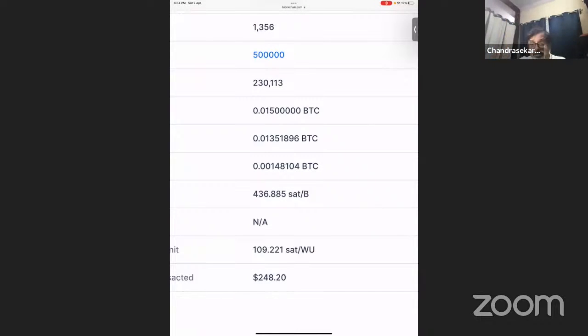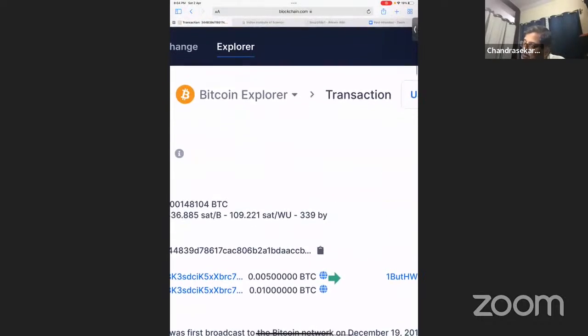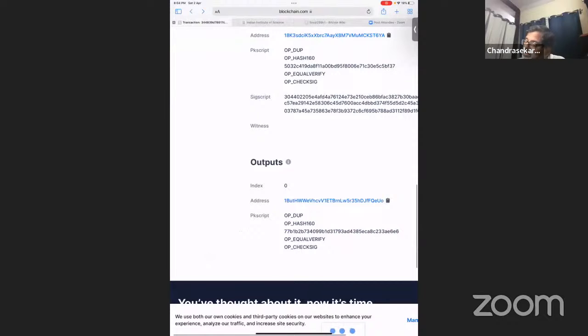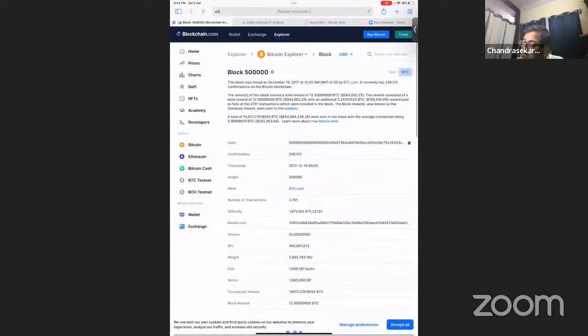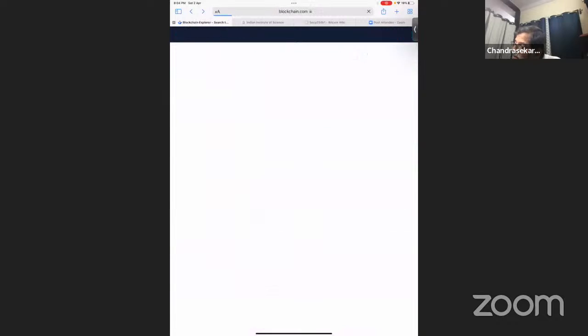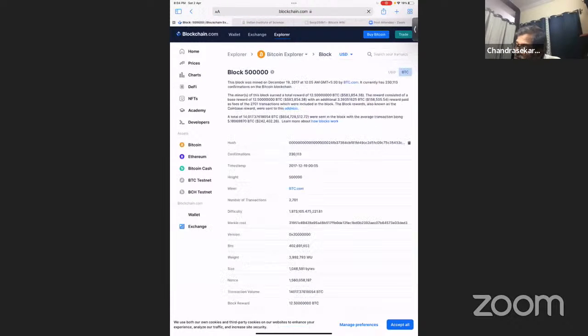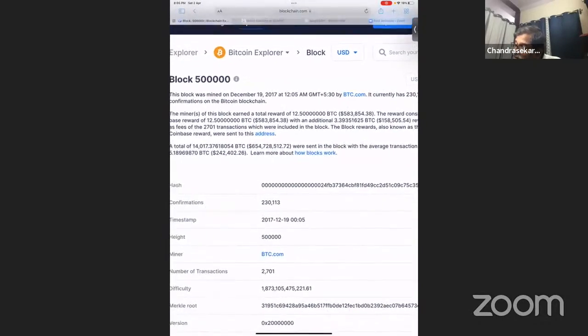That will be credited to the miner, whoever is the miner. Who the miner is, that information is also available and you can check, although I didn't project that here. This is mined by btc.com.